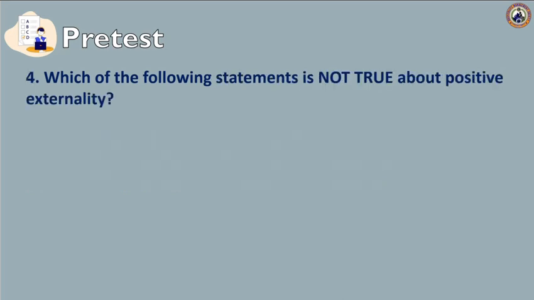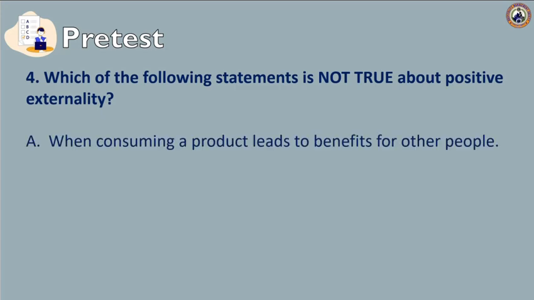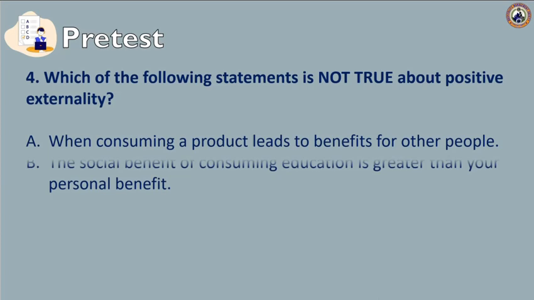Question number 4. Which of the following statements is not true about positive externality? A. When consuming a product leads to benefits for other people. B. The social benefit of consuming education is greater than your personal benefit.